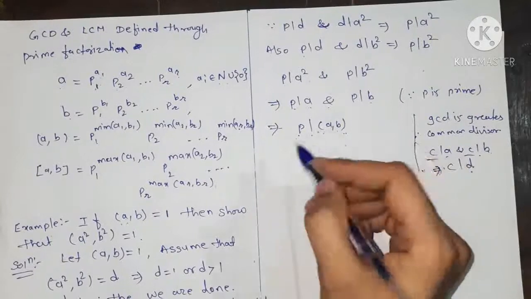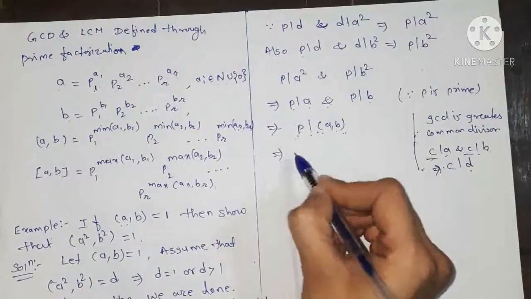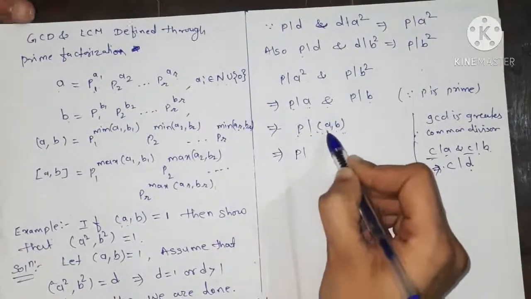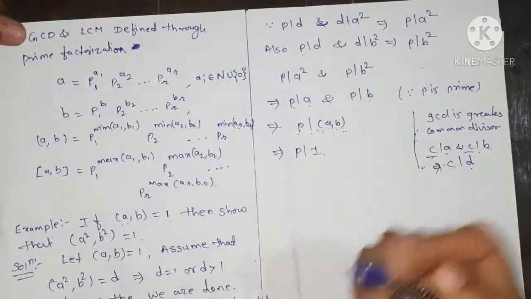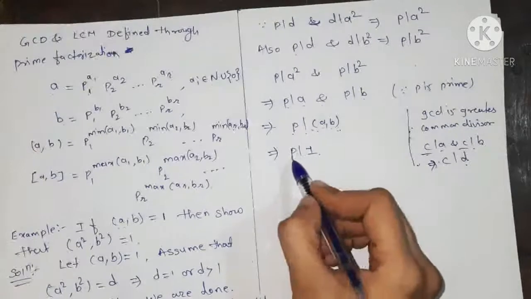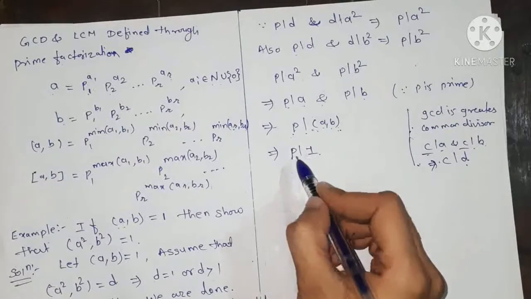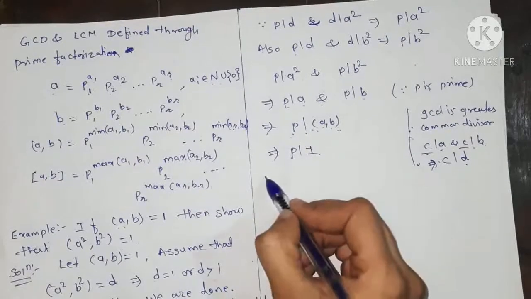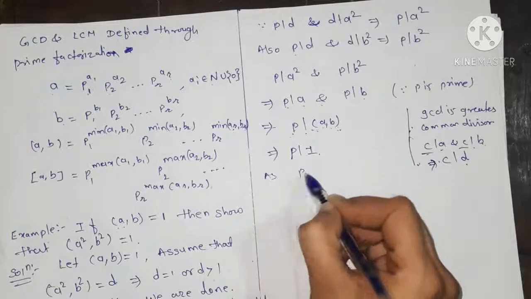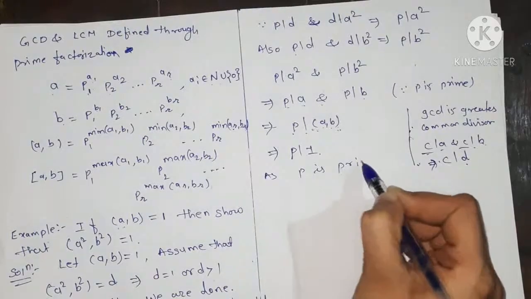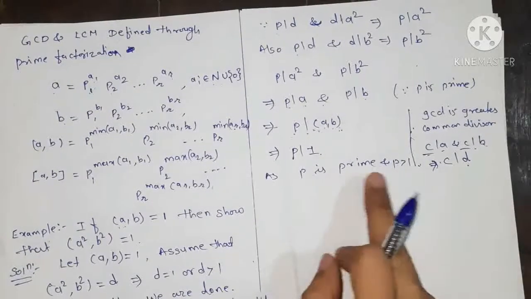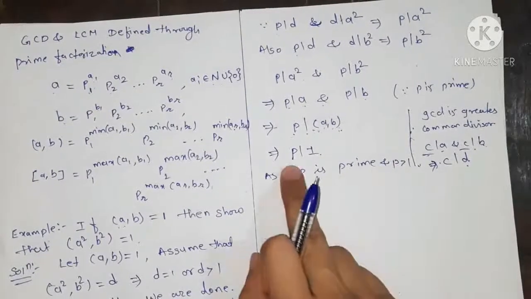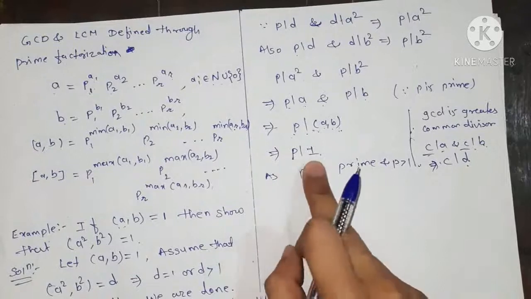So this implies that P divides the GCD of A comma B, but it is given that it equals 1, so P divides 1. But as P is a prime number, P is greater than 1, and a number which is greater than 1 cannot divide 1.